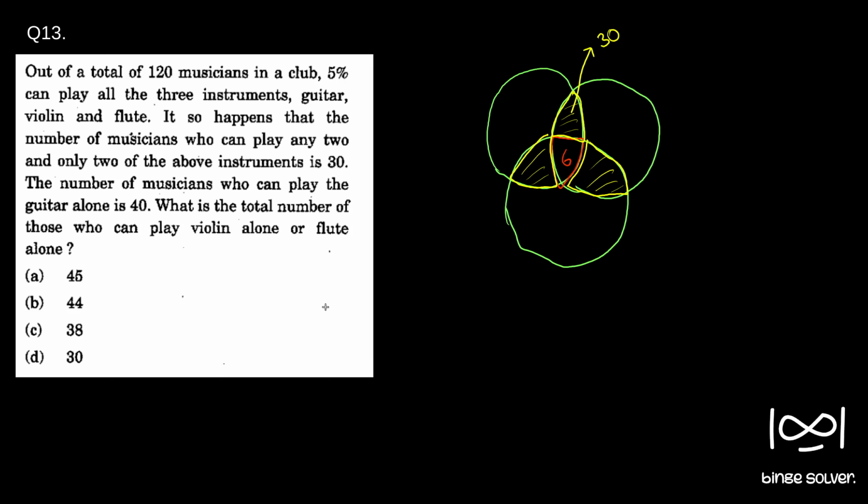And the number of musicians who can play the guitar alone: let this be guitar, let this be violin, this be flute. So guitar alone means this region, which is given as 40. Now the question asks, what is the total number of those who can play violin alone or flute alone.